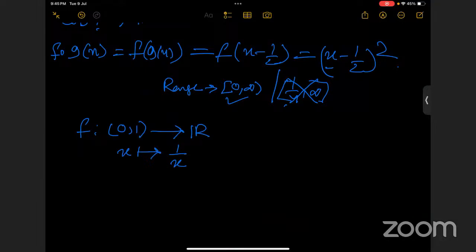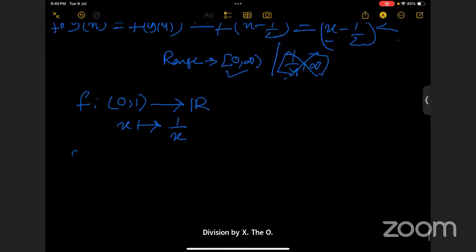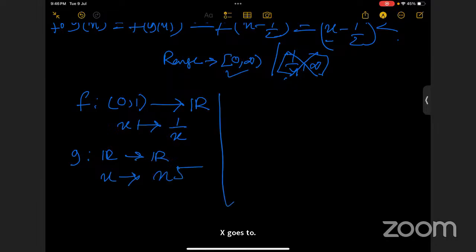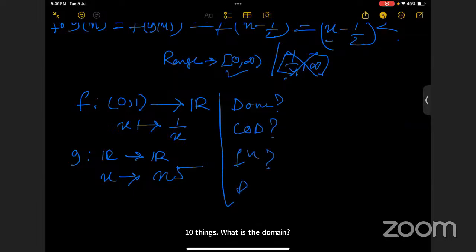I took this one. And suppose g from R to R, x goes to x to the power 5. Then discuss the same things. What is the domain? What is the codomain? What is the function? And what is the range?